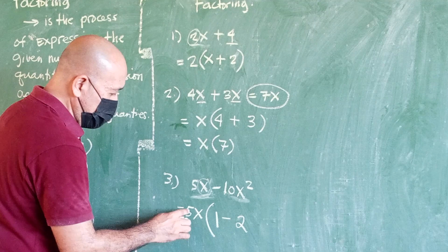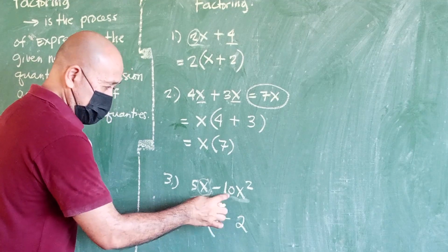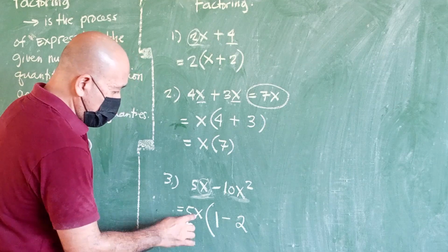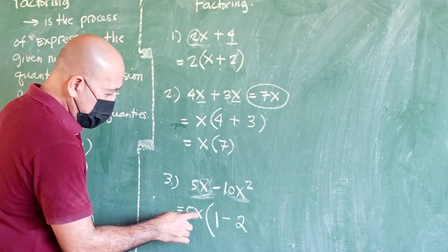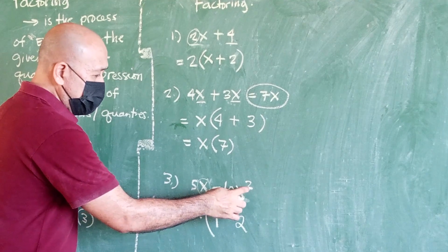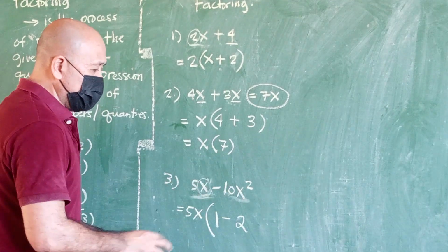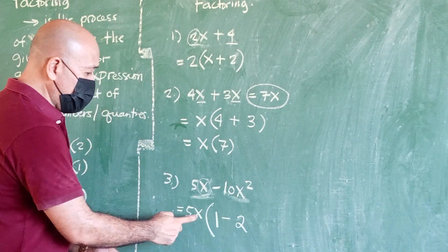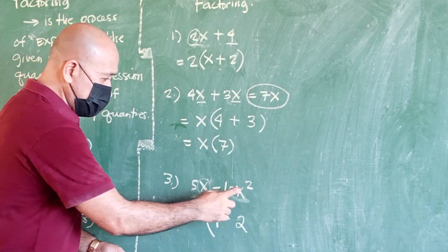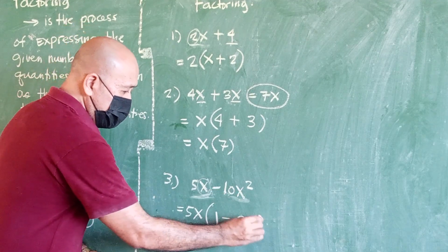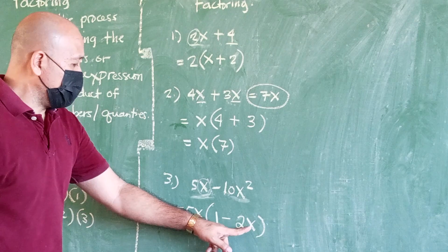So that when you multiply 5 times 2, that is 10. And when you factor out x from x squared, since the exponent is 2, so obviously, there are 2 x's here. So since you factored out 1 of these 2 x's, what is left here is only 1 x, the remaining x.